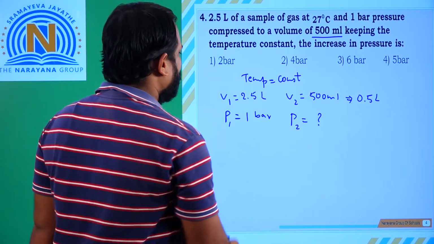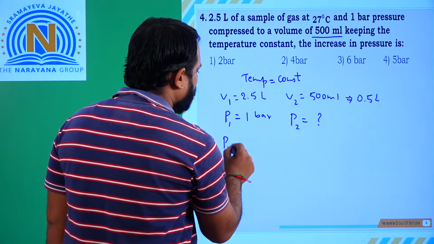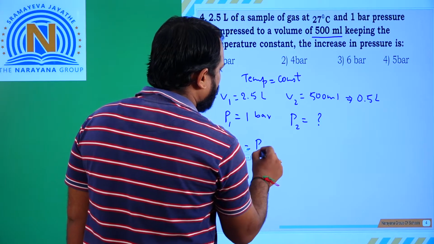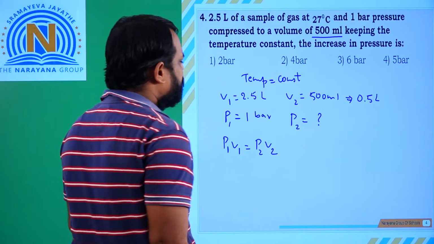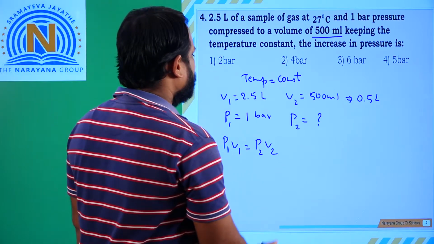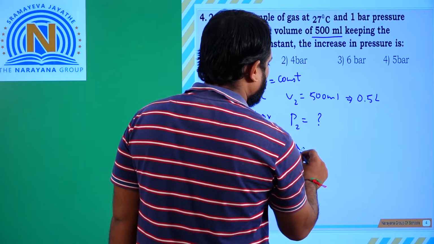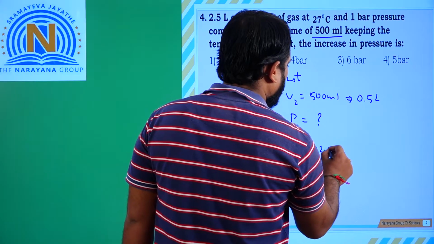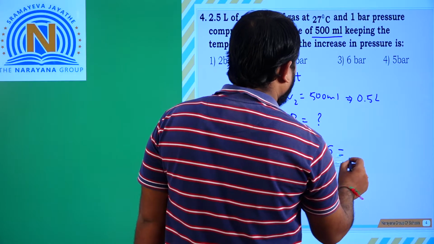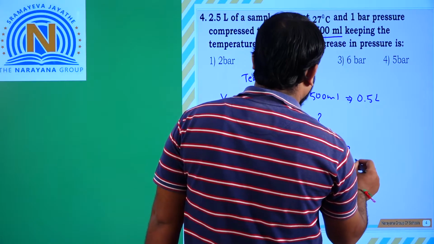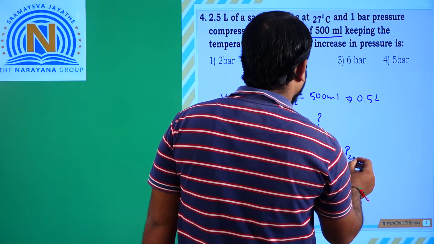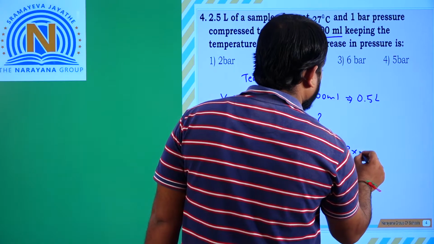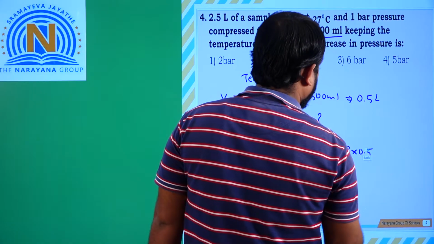We have the relation P1 V1 is equal to P2 V2. Substitute the values: P1 is 1 bar into V1 is 2.5 liters is equal to P2, which we should find, into V2, 0.5 liters.